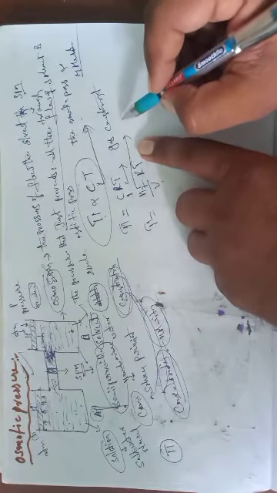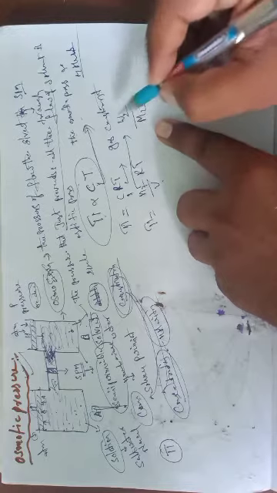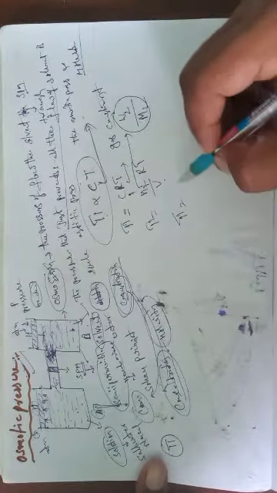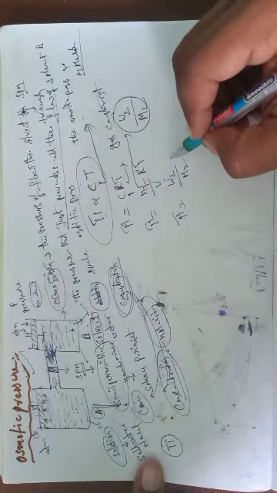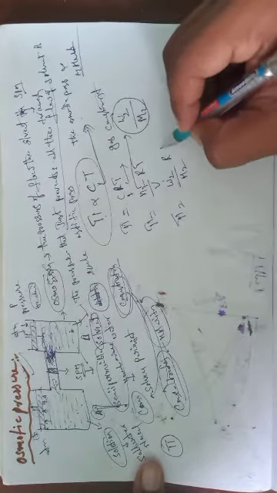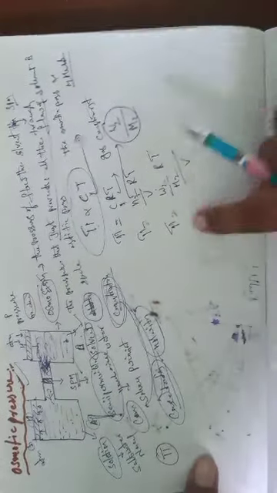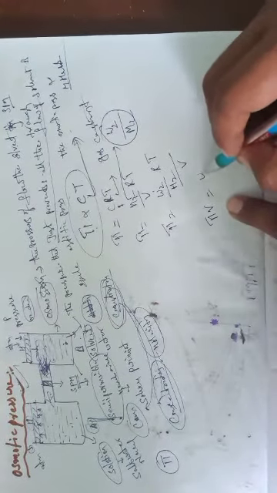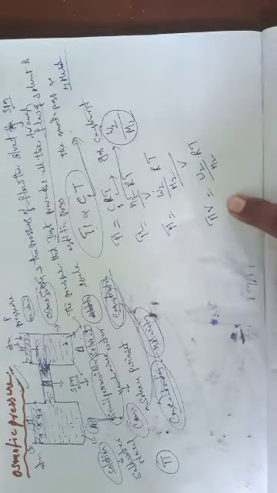How to find the moles? Weight by molecular weight. So pi equals W2 by M2 into RT by V. So pi V equals W2 by M2 into RT.